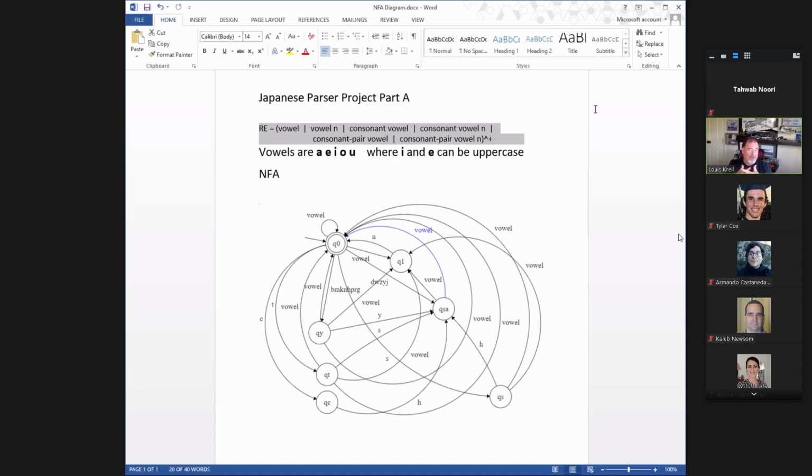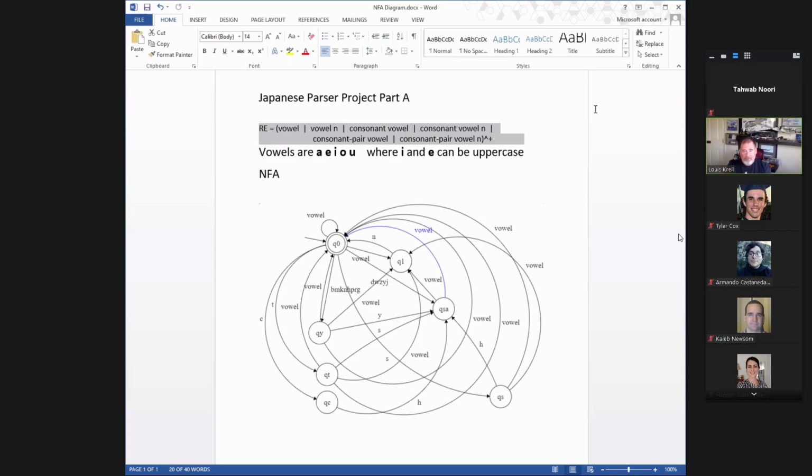So what are we going to want to do in our recognizer to determine if the string is accepted? Okay, we're going to want to check if we're in one of those final states.